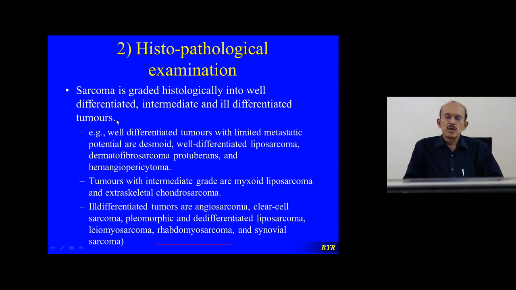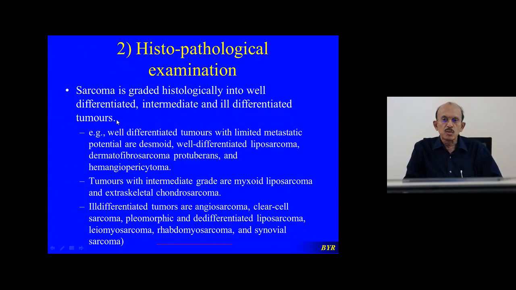So whenever you want to do investigation of a soft tissue mass, just now we have seen a thigh mass. If that patient comes to you, before you go for surgery, you must have the diagnosis, because your diagnosis should be established whether it's a benign tumor or a malignant tumor.